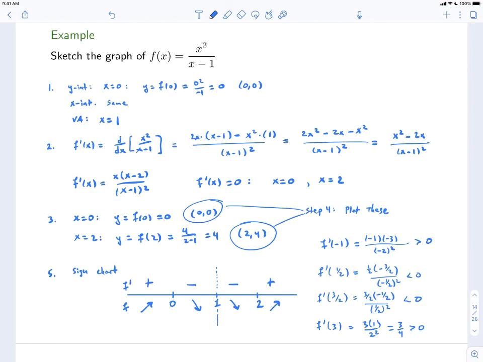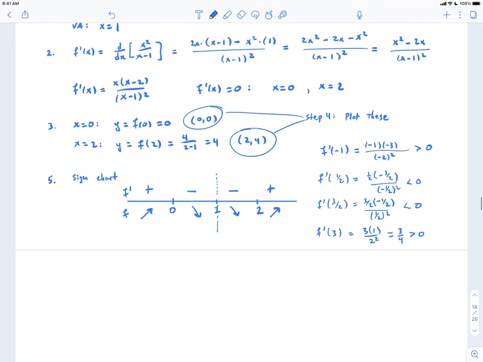Okay, well, the next step is to figure out the concavity. So we'll do that. Now, in order to do that, we need to compute f double prime of x. And this is going to be the derivative with respect to x of x squared minus 2x divided by x minus 1 quantity squared.